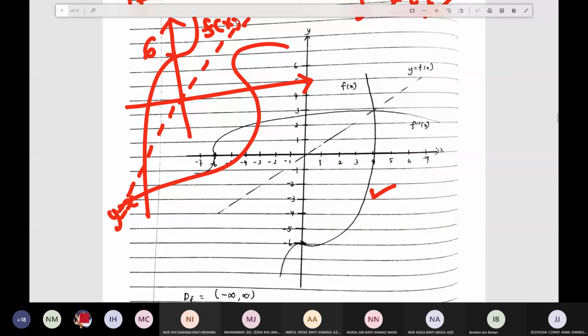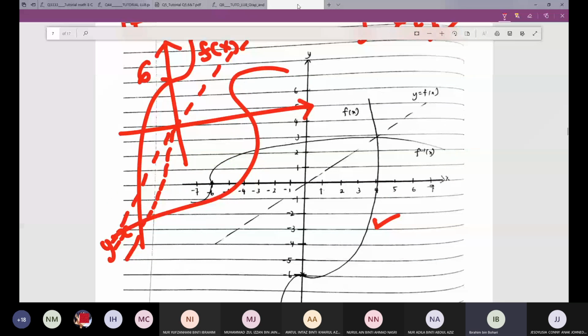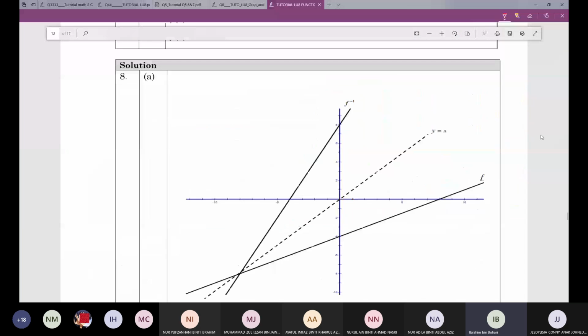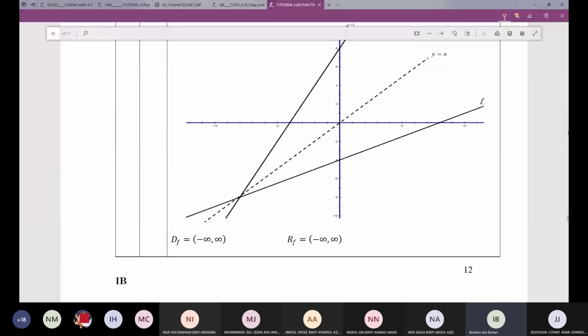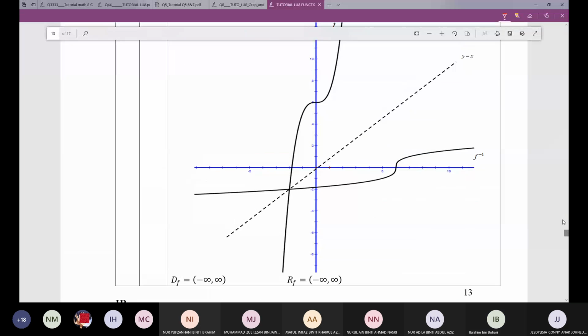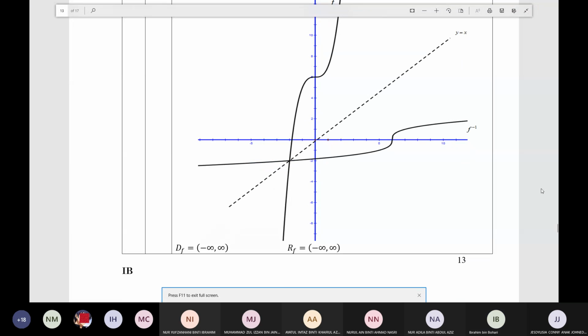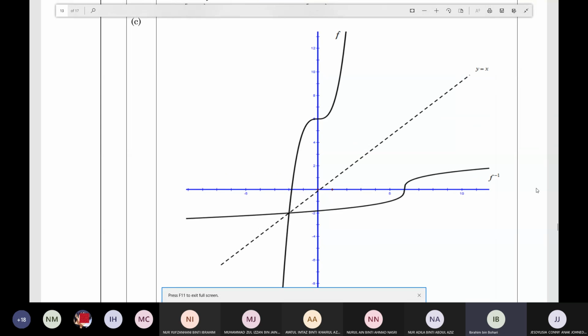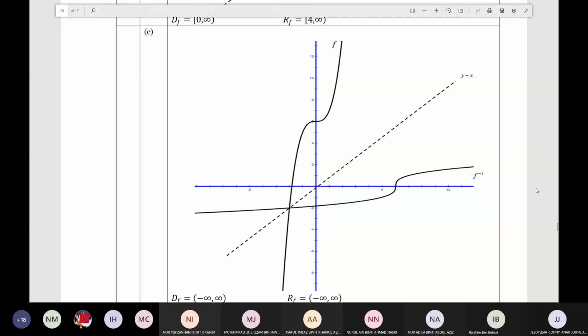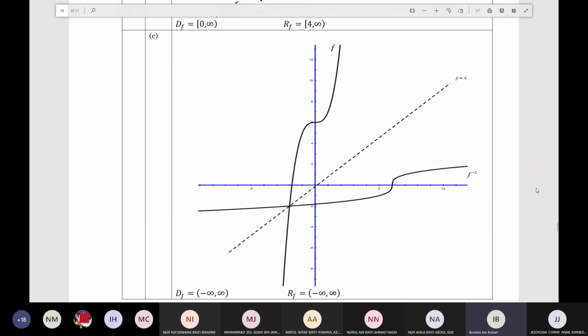Okay, tak kena. Patutnya kena. Okay, saya tunjuklah saya punya solution. Patutnya dia jadi macam ini. Okay, check answer you.